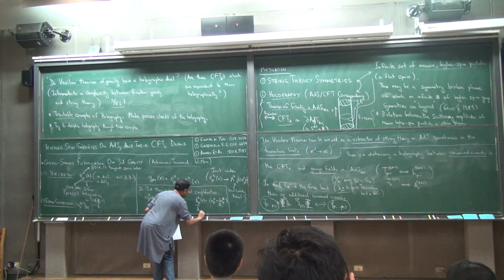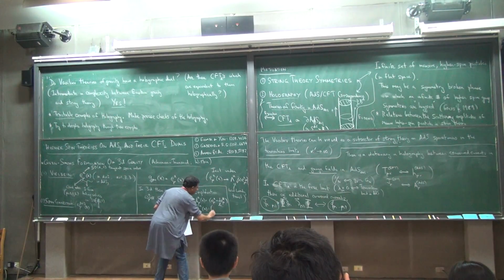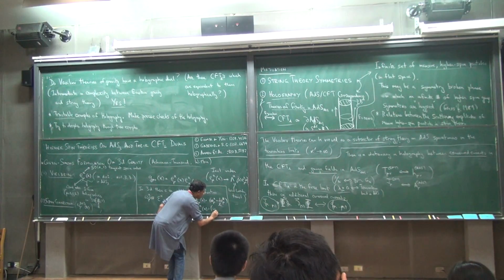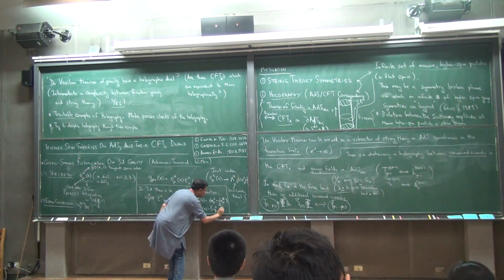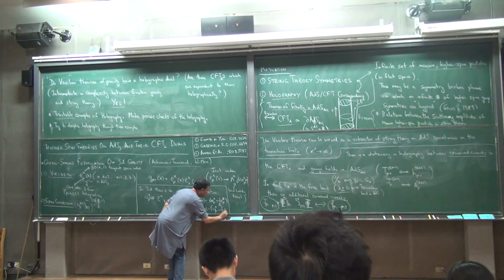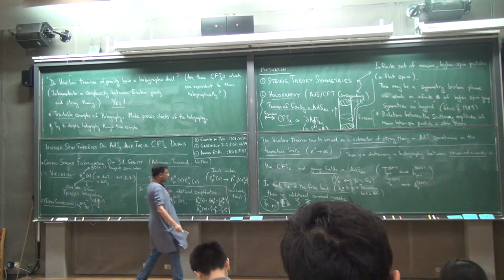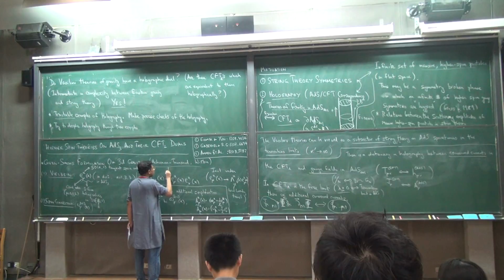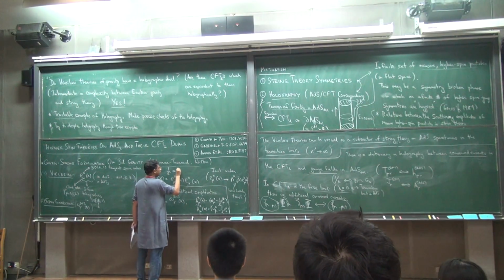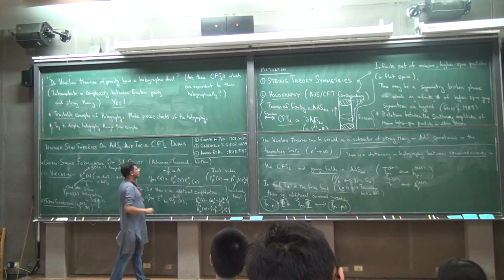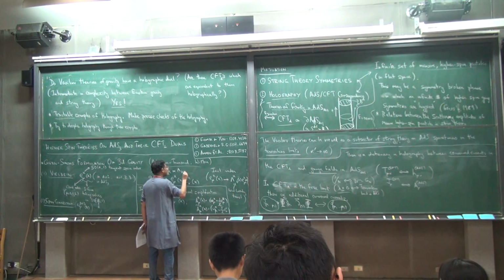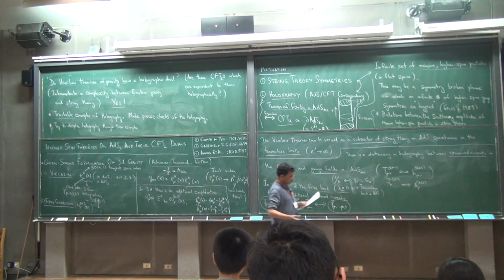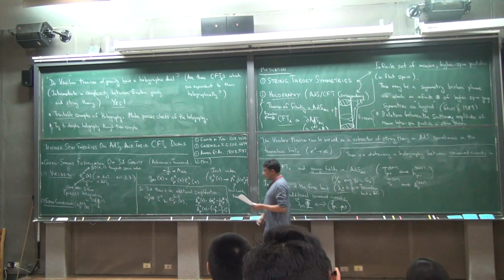So you can define the sum and difference of these two quantities, omega and e, where L is the radius of AdS, so 1 over L squared is proportional to lambda, minus 1 over L squared is proportional to lambda AdS, the cosmological constant. So L is the so-called radius of AdS. At the moment, you can just think of it as a length parameter that is there.